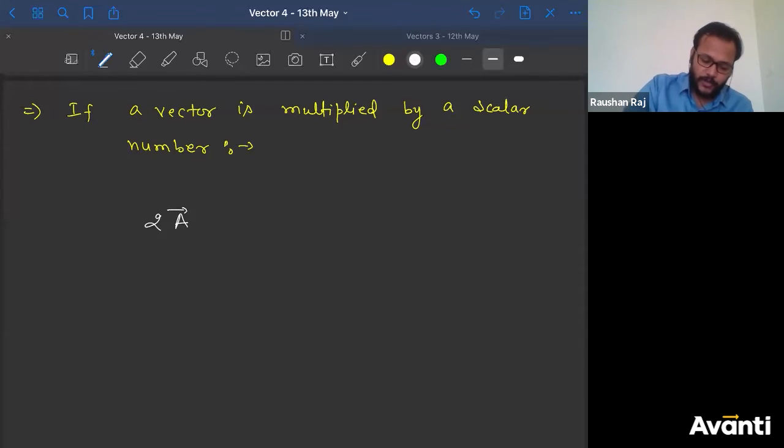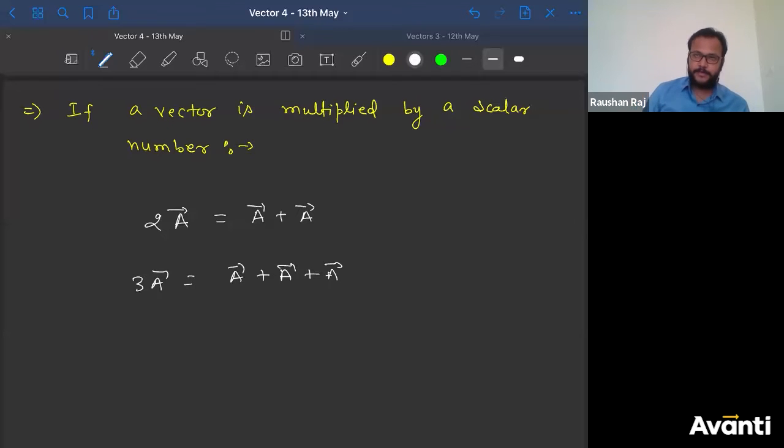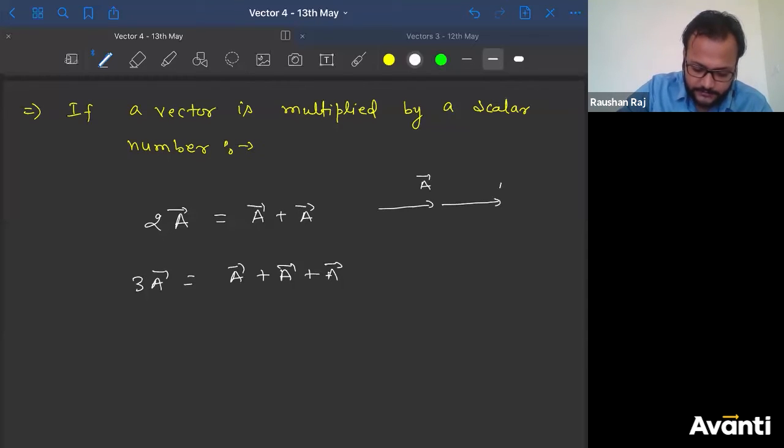Consider you're having vector a and you're multiplying 2 with it. So can I write 2a is nothing but vector a plus vector a? Correct? If you're multiplying 3 with vector a, can I write 3 vector a is nothing but vector a plus vector a plus vector a? Right? Acha. If I consider vector a plus vector a, that means there is vector a like this and one more vector a like this.